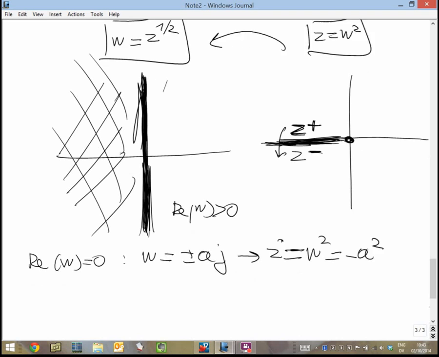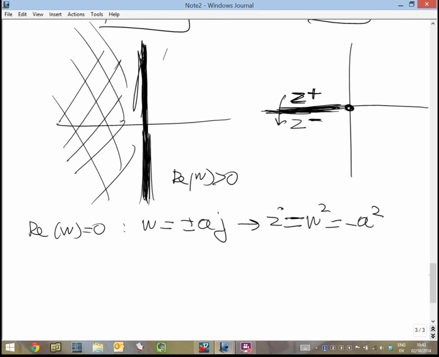Okay, let's evaluate the square roots of the point Z plus and the point Z minus. So what is Z plus? To evaluate square roots, it helps to look at polar representations. So Z plus is a point which has a certain radius, certain magnitude, and it has a certain angle, a certain phase. What is the phase?